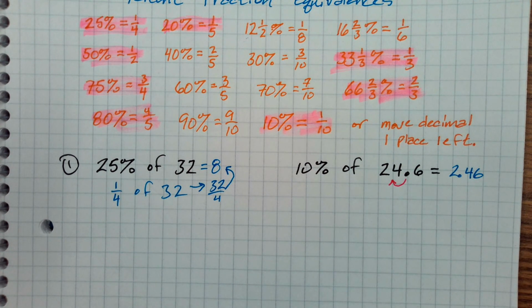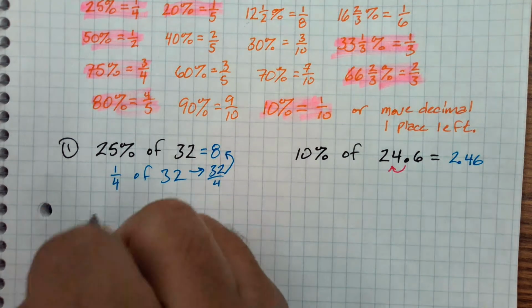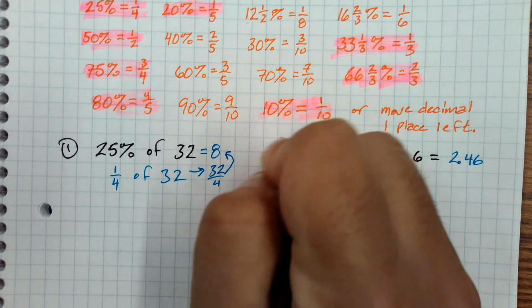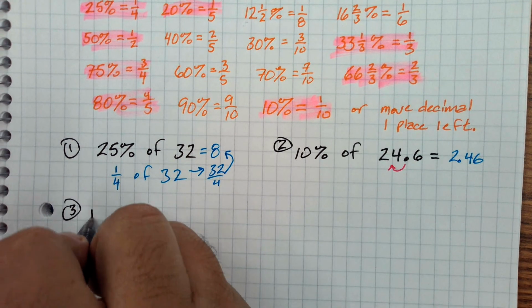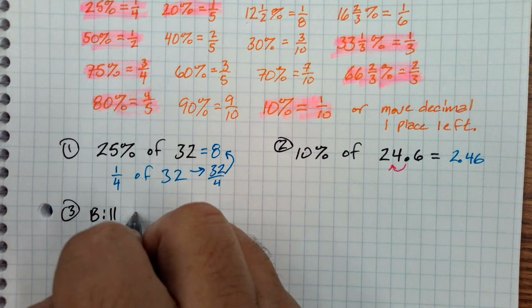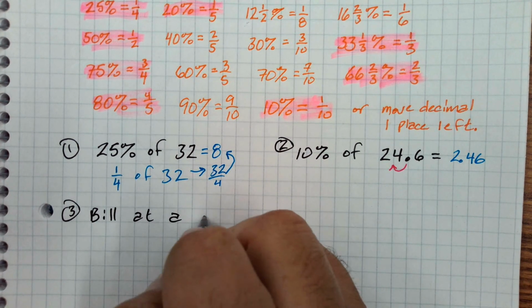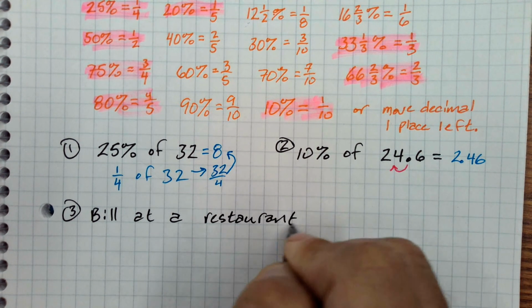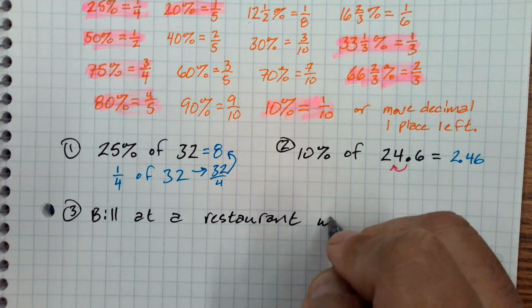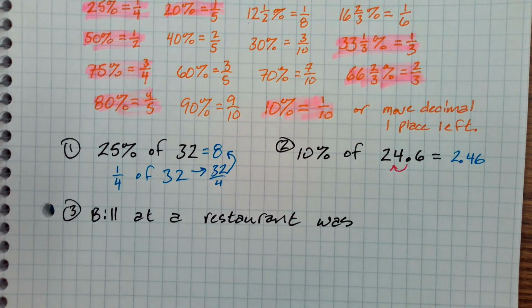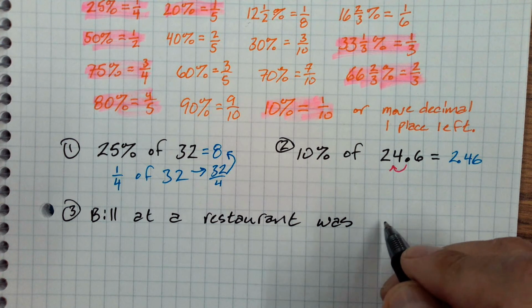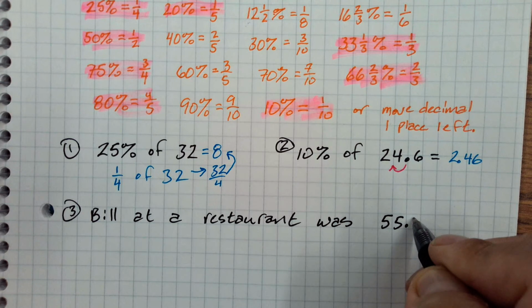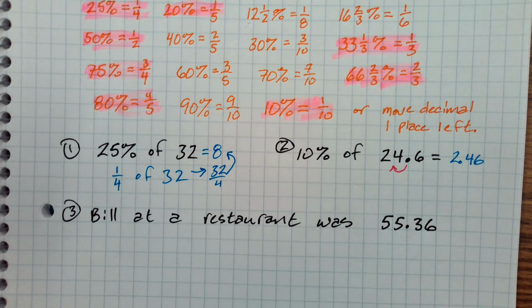So here's a situation. The bill at a restaurant was, let's say it's a meal for 4 people, $55.36.